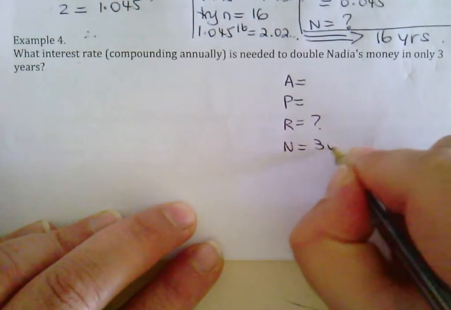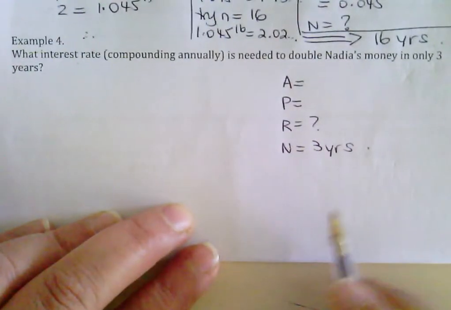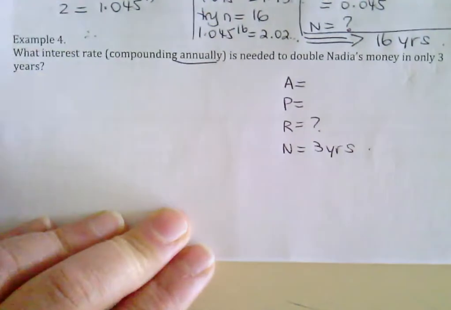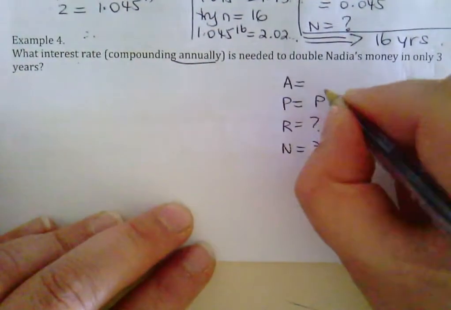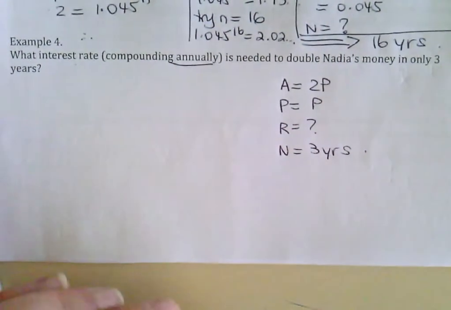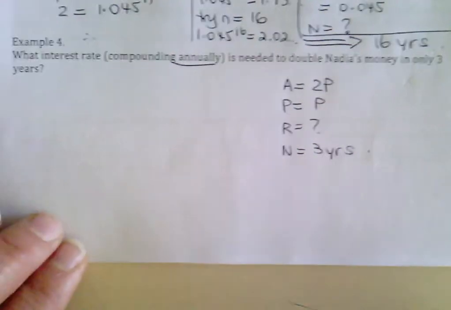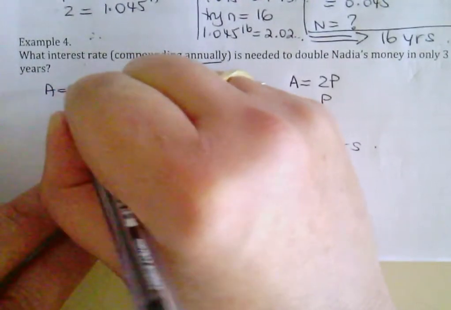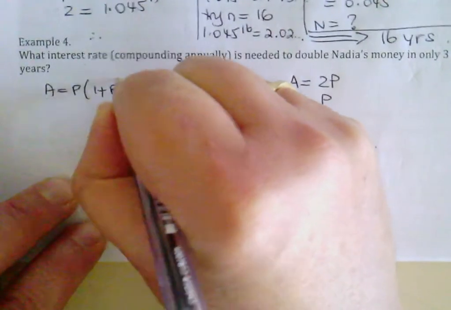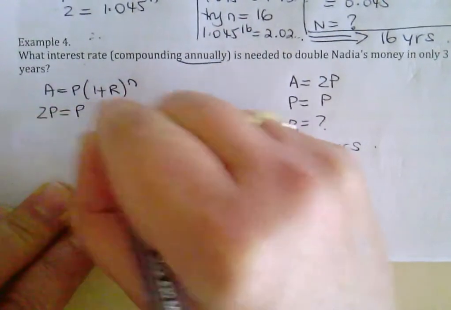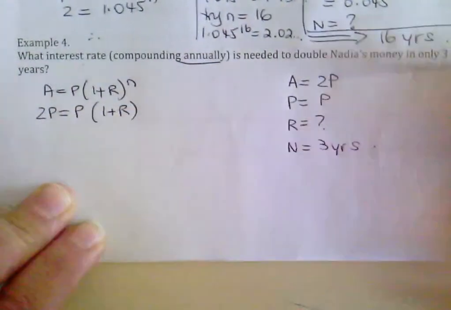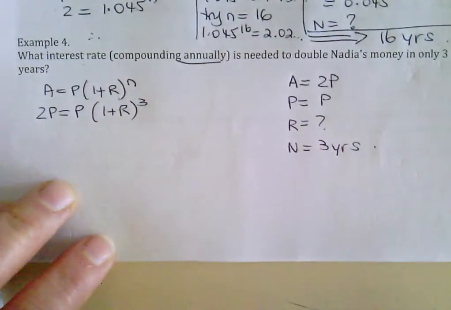So same sort of question. N is 3 years. We're compounding annually, so that's okay. You want to double the money, so the principal is P, and the amount at the end is 2P. And question mark is the rate. So we've got A equals P, 1 plus R to the N. 2P equals P, 1 plus R to the power of 3.